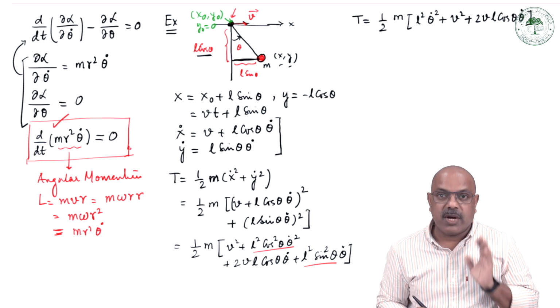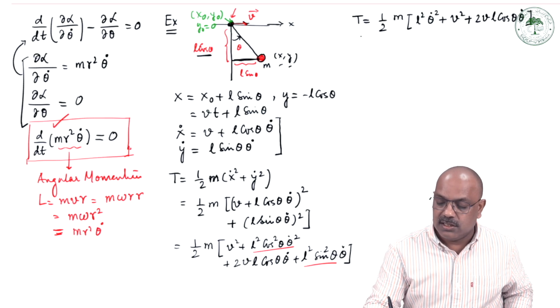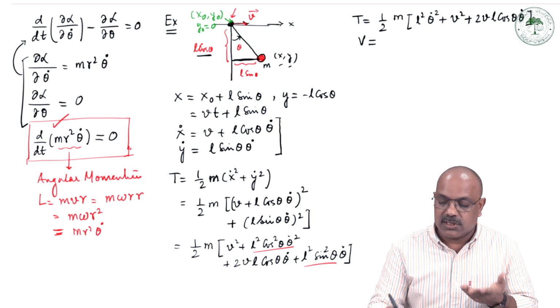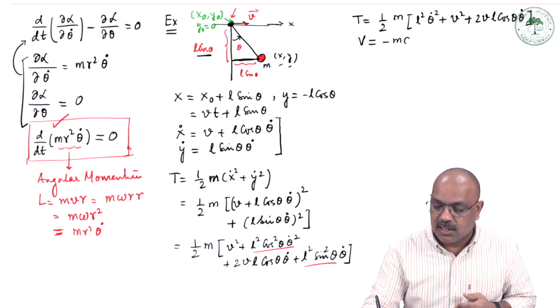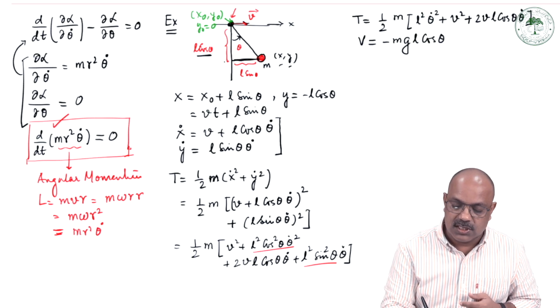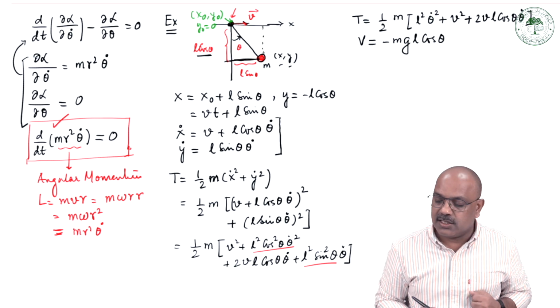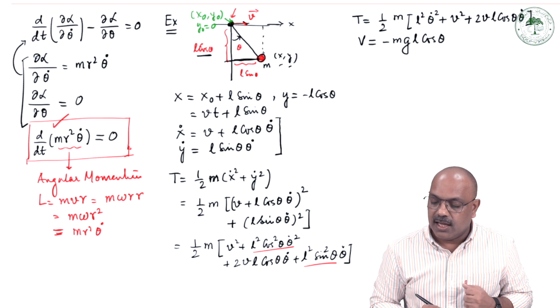Okay, so this is my kinetic energy, and the potential energy is going to be the same. This is going to be minus mgl cos theta, because this is the height, and this is below the y-axis, so it is going to be negative mgl cos theta.